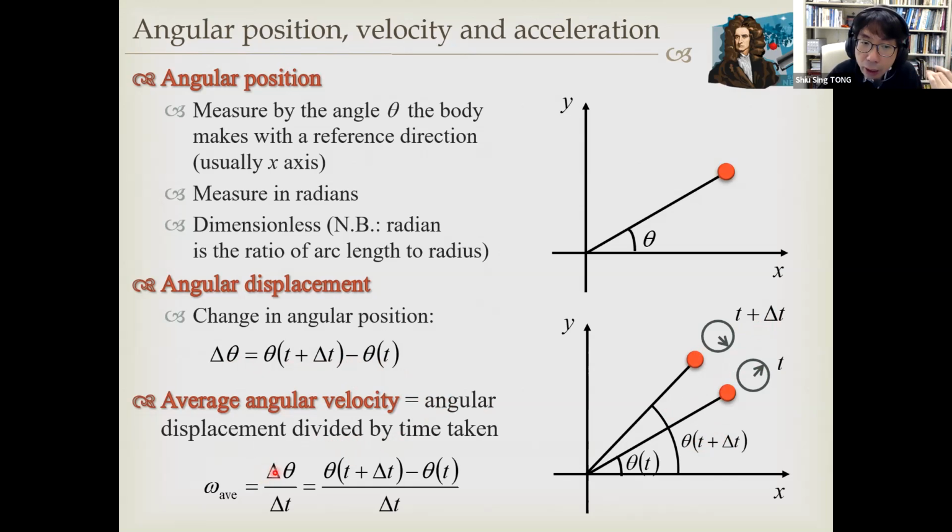So I divide delta theta by delta t. I get the average angular velocity in the time interval, given by theta of t plus delta t minus theta of t, divided by delta t. Now this is the same formulation as in rectilinear motion. The only difference is that we replace the coordinate x by the angular position theta.